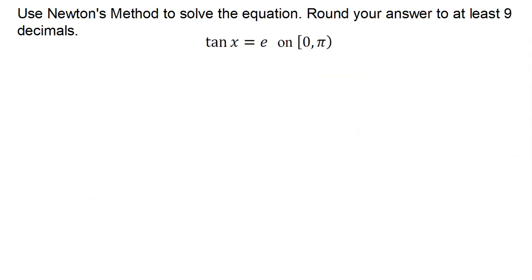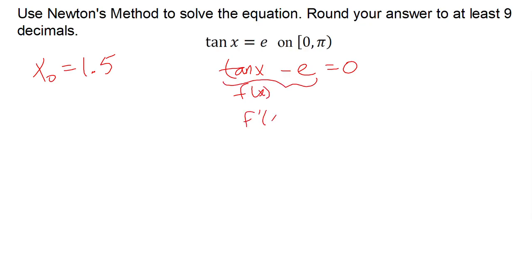All right, for our next one, we have the tangent of x is equal to e on 0 to pi. So I'm just going to start with a guess of 1.5 again, because that's pretty much between 0 and pi. We're going to rewrite this as tangent x minus e is equal to 0. We'll call that f of x. Right?